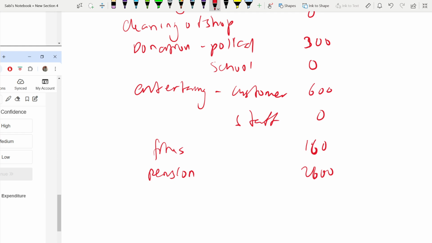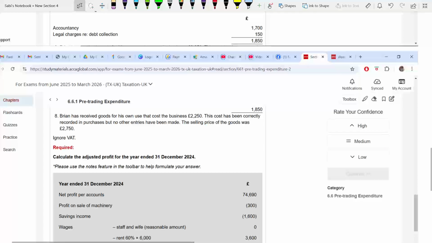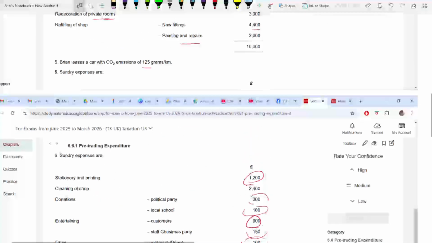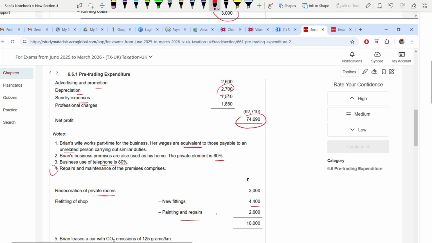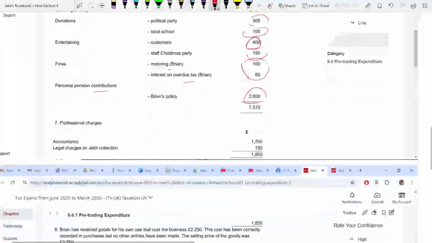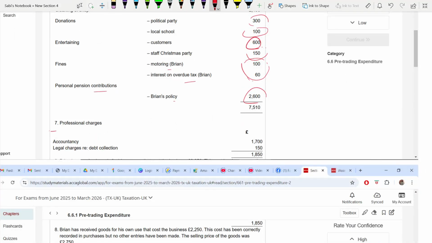So now we have finished the entire list of sundry expenses. You see. Now we are left with professional charges, 1850. This also there's a breakdown. Okay, under note 7. So accountancy and legal charges.